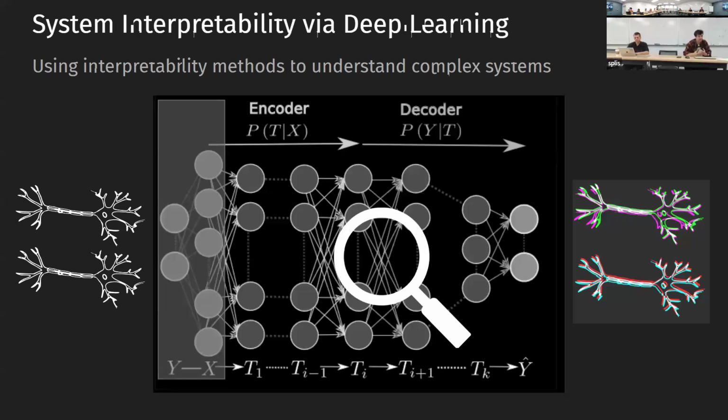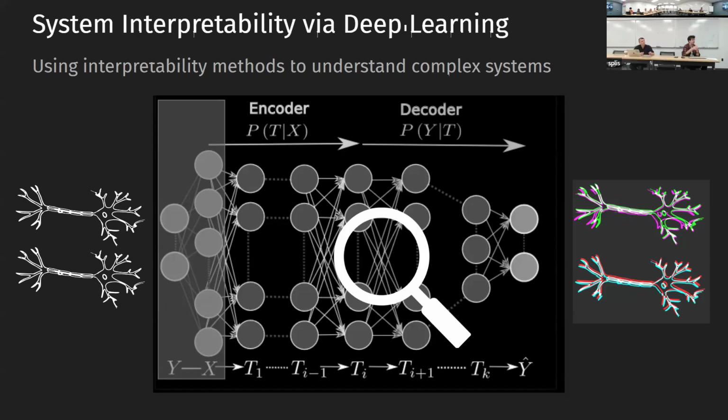We want to be able to make inferences about the larger system that we're putting into our model by looking at the model itself and what it's learning. And this is essentially one of the goals of model introspection, right? You're trying to make inferences about the system you're analyzing by looking at the weights, saliencies, and post-hoc stuff like that that don't always get you there. But that's one of the goals of model introspection.